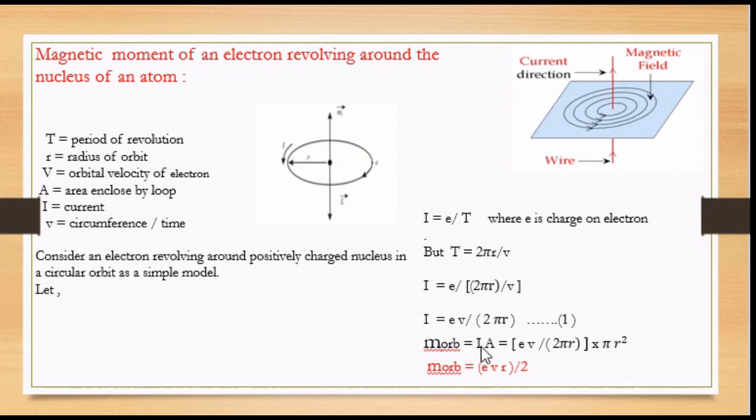So let us put the value of I and A. I is e v upon 2 pi r, and A is pi r square. Now this r is present in the denominator and this r square is in the numerator, so one of the r's gets cancelled, and only one r is left in the numerator. That's why the orbital magnetic moment becomes e v r by 2.